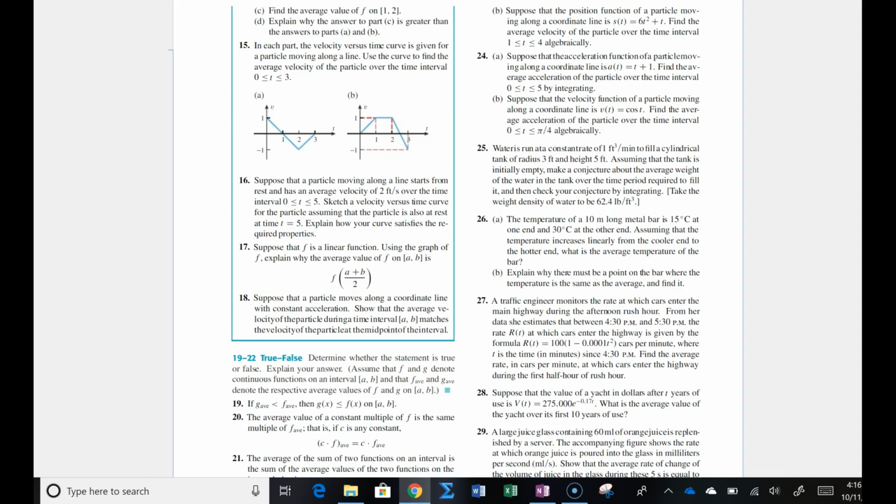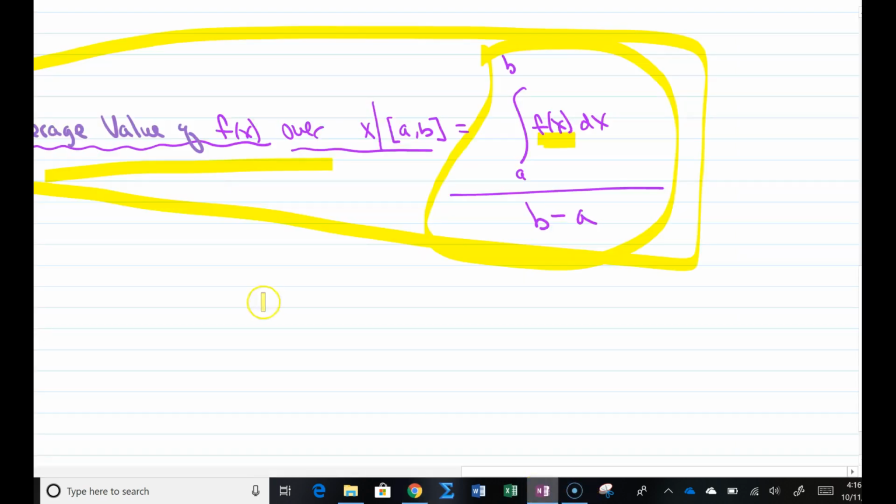They really even shouldn't have said by integrating, because they should make you think about it. Find the average acceleration of the particle over the time interval from 0 to 5. So here, you want to know what is the single most popular wrong answer? The single most popular wrong answer is to say, okay, I'm going to say the average acceleration is going to be a of 0 plus a of 5 divided by 2.